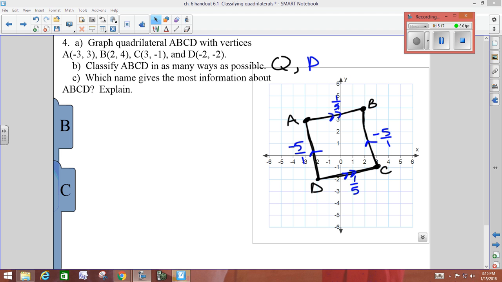After it's a parallelogram, then you can keep branching down. Could, maybe, if it works, could be a rectangle or a rhombus. Why? How do you know there's 4 right angles? Do you have a protractor on your pencil?